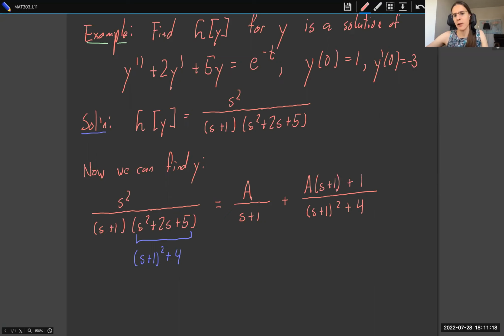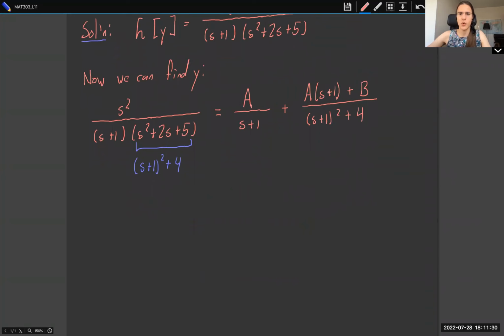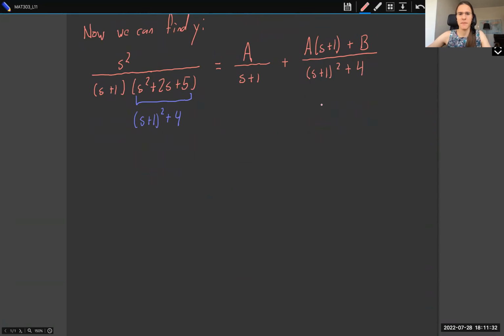So it would be more helpful to split it that way, because we know how to inverse Laplace transform each one of these terms. So this is better.